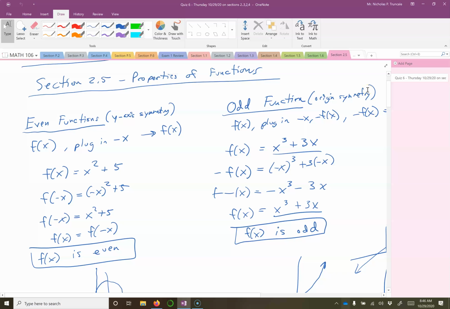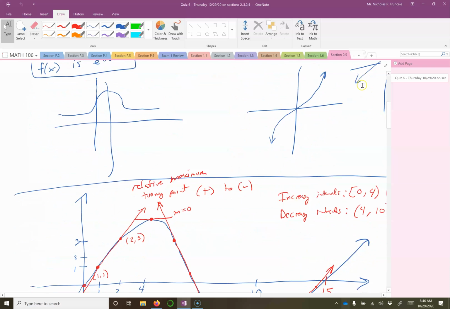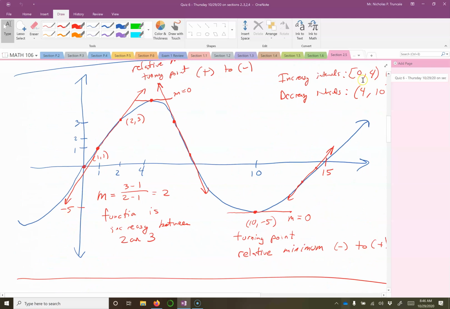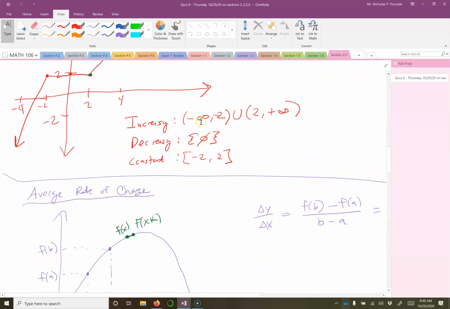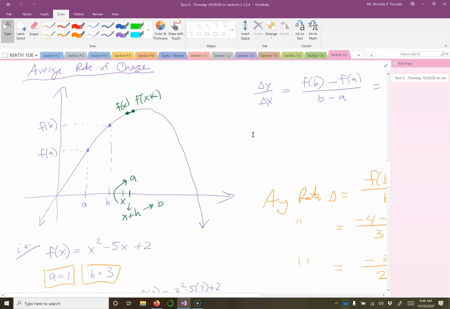We just had different definitions for functions rather than equations. And then the big part of this was finding intervals of increasing slope values and then intervals of decreasing slope values. And we had to identify things like turning points and relative mins and maxes. Hopefully that's fairly simple. This is another example here.